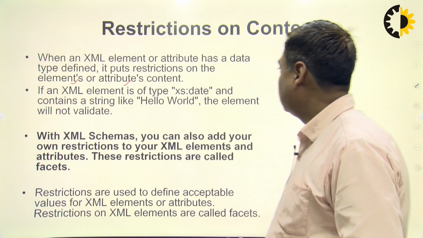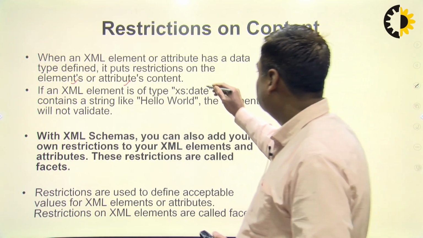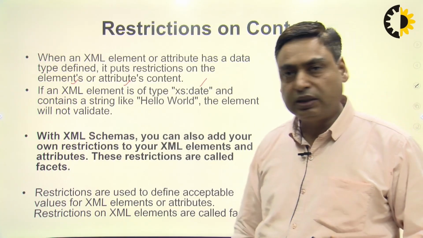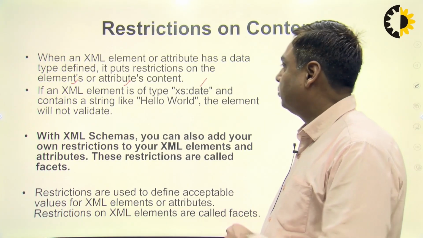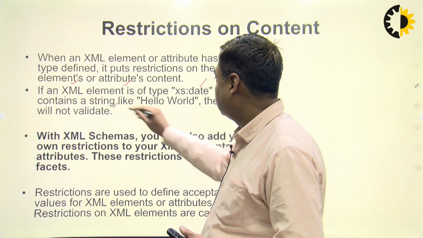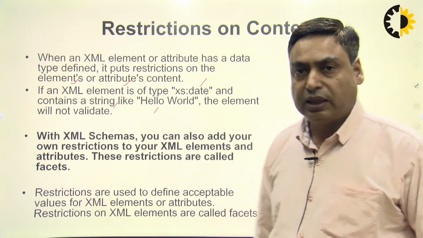For example, if you give a data type date, the content of an element or attribute should be of date type, and if you give data in string format, then it is an invalid XML.